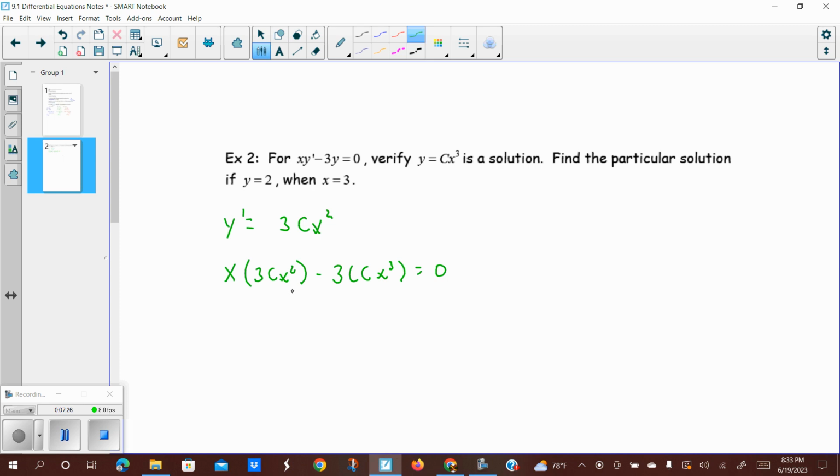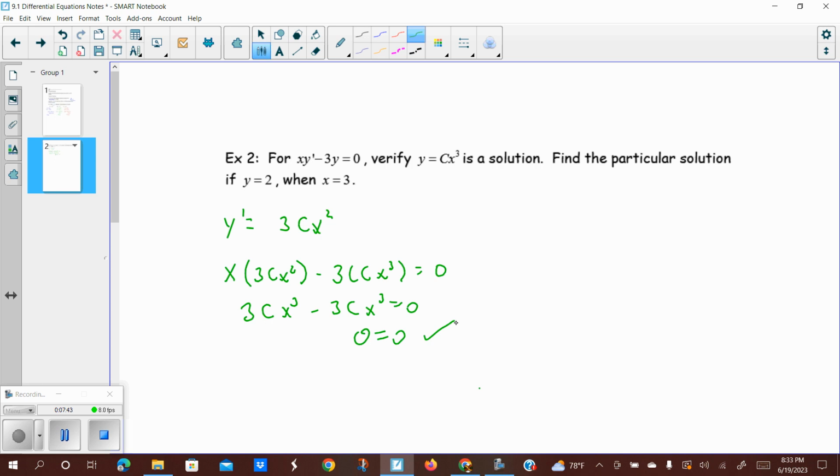Well, distribute the x into the first parentheses, and you're going to get 3c x cubed. Distribute the 3 into the second parentheses, you also get 3c x cubed. Subtracting those does indeed give you 0. Therefore, the verification works.